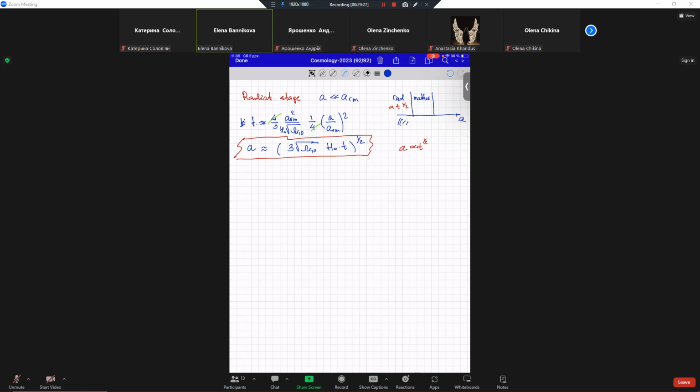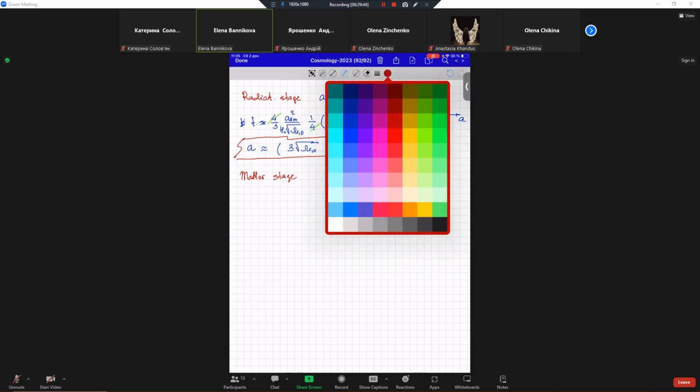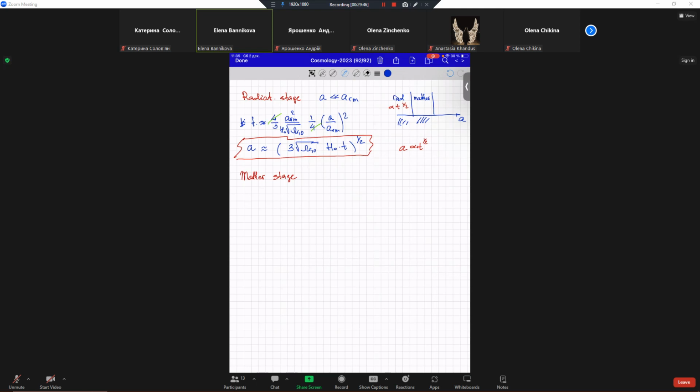Well, if we are in the matter stage, let's put it here: matter stage. And let's put it here that this is exactly the moment which we consider.